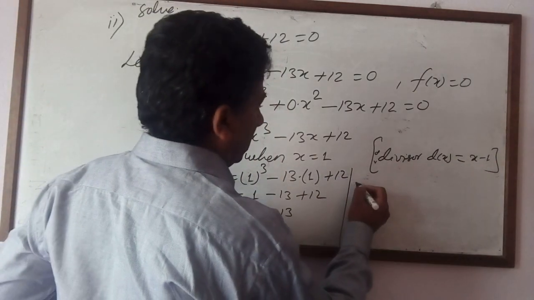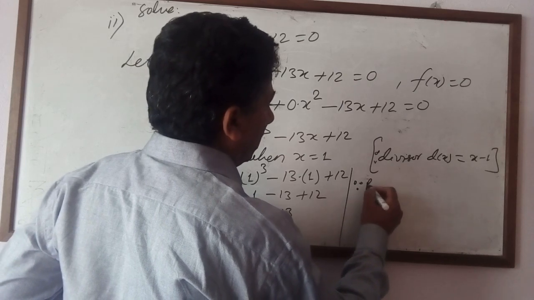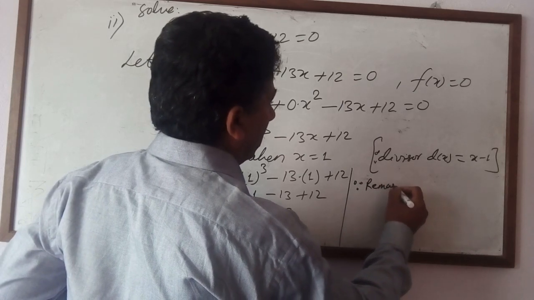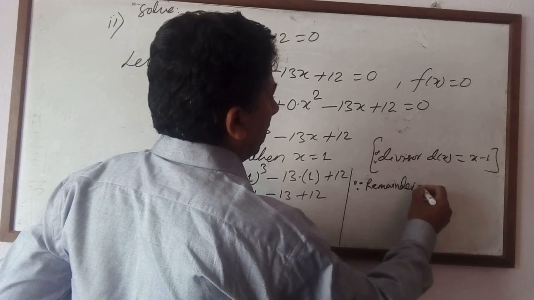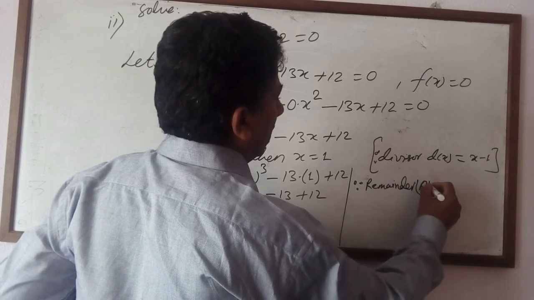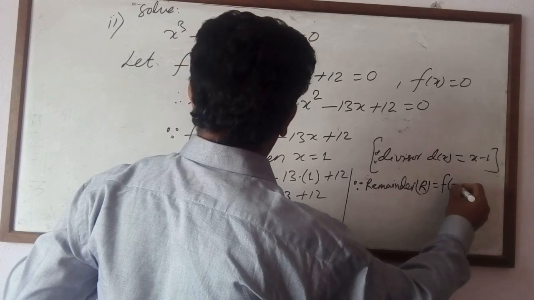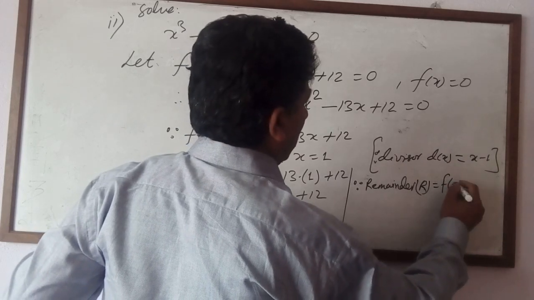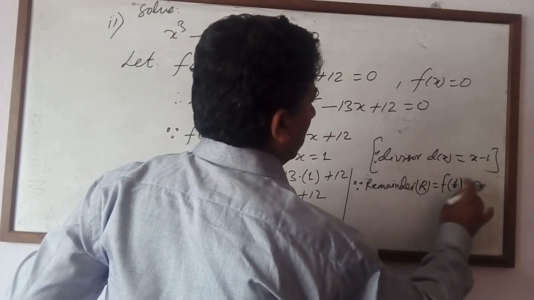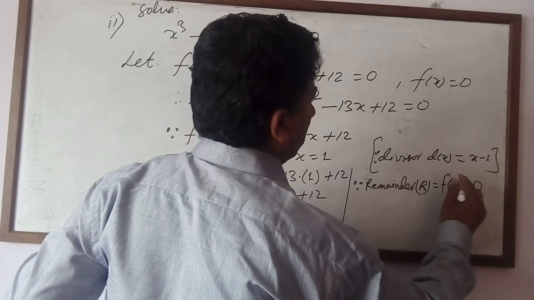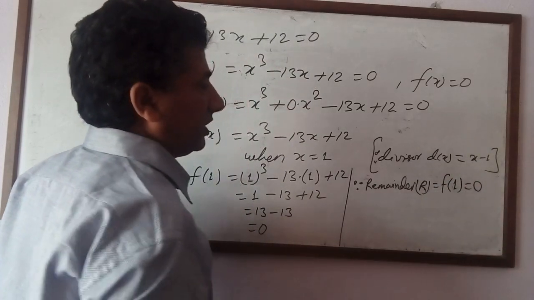Here, since the remainder r, which is f(1), is 0. Since the remainder is 0, f(1) means remainder 0.